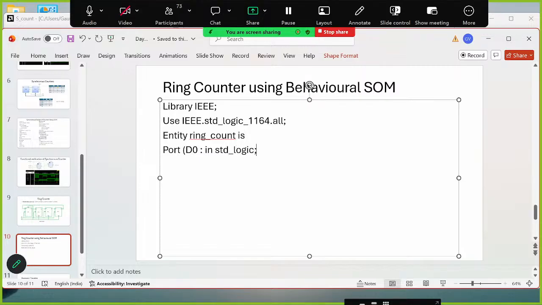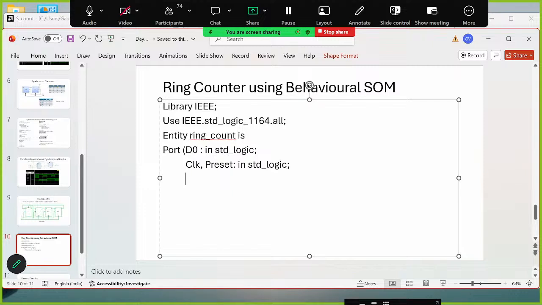Then what do we need? I need a clock also, and one is preset. Preset, not reset. It is preset. It is also an input, std_logic.